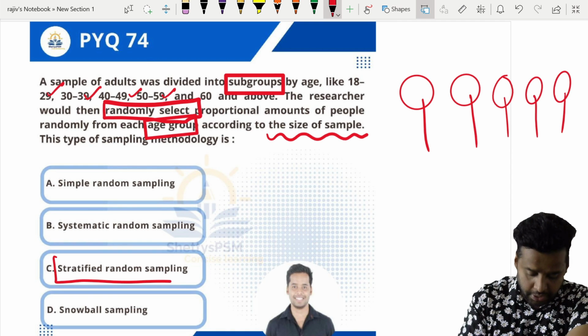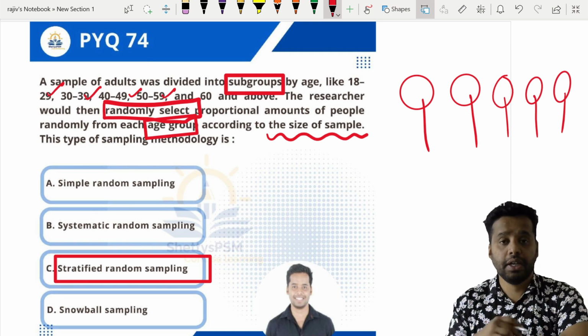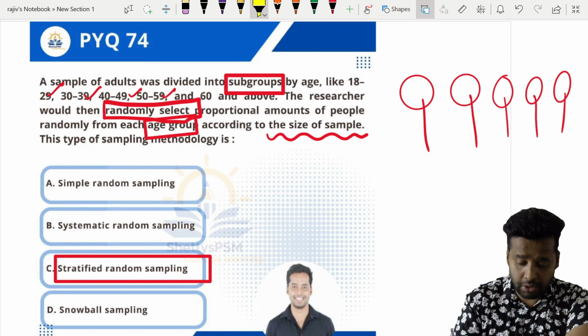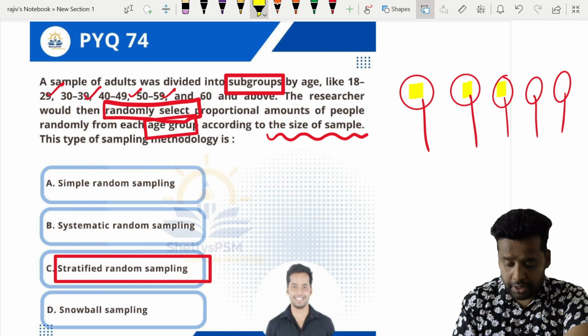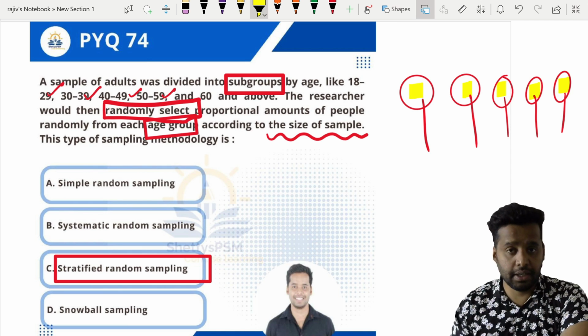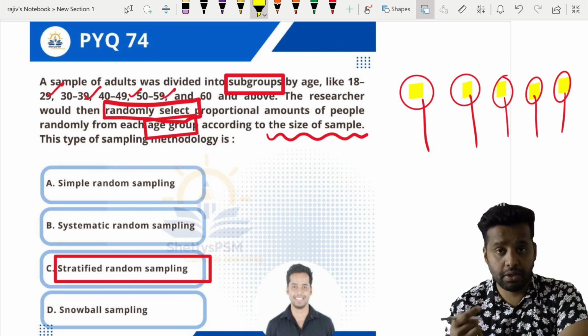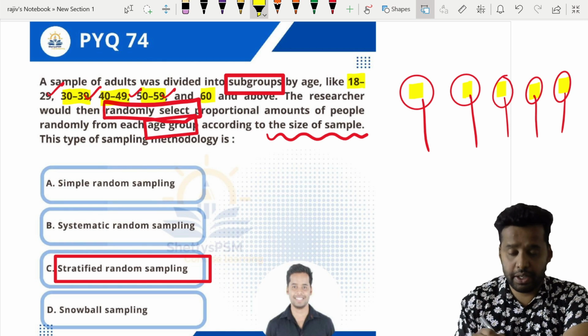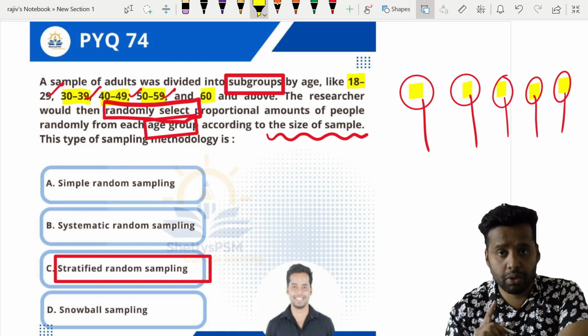Stratified random sampling, individuals are selected, individuals will be the final sampling unit. When you make strata, always keep this in mind, there are certain characteristics you have to consider like age or sex, or it can be religion, but in your question I'm giving age wise. This is also stratified random sampling, important.